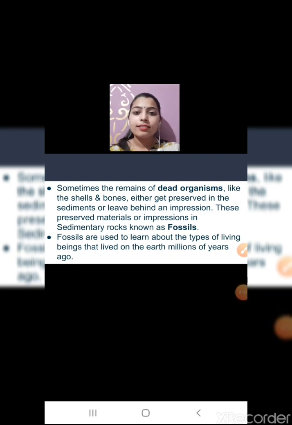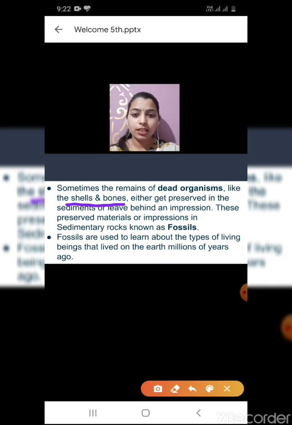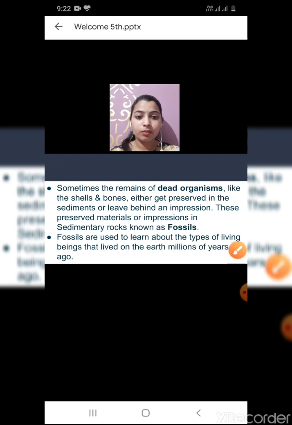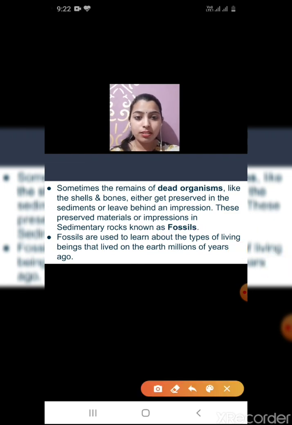Sometimes the remains of dead organisms like shells and bones either get preserved in sediments or leave behind an impression. These preserved materials or impressions in sedimentary rocks are known as fossils. What is a fossil?